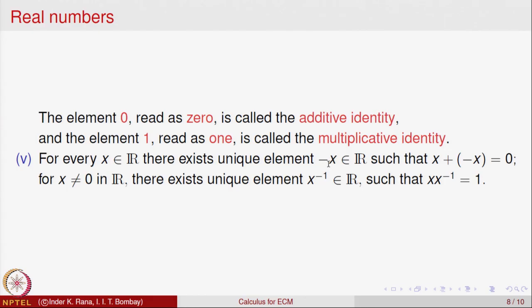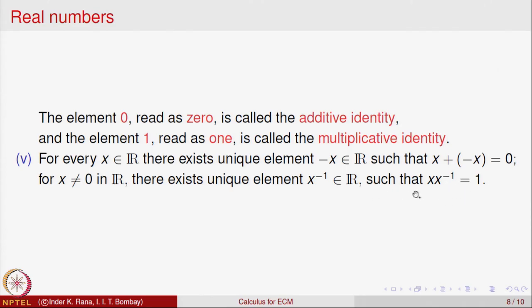This is read as minus x, which is again an element of R, such that x plus minus x is equal to 0. And similarly, for every non-zero element x, where 0 is the additive identity, there is a unique element called x inverse. This is x upper minus 1, called x inverse, or sometimes 1 over x, such that x multiplied by x inverse is equal to 1.